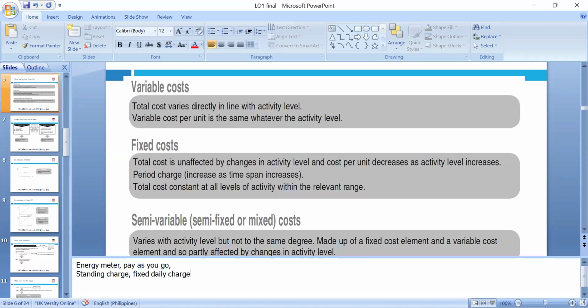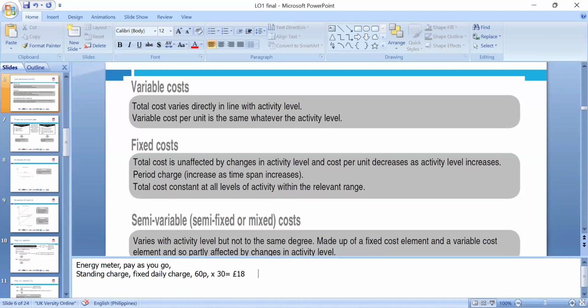Let's say every day 60 pence. Sometimes people go on holiday, and the charge still comes. They say, oh no, I used nothing. But still 60 pence per day times 30 days in a month, so £18 is still billed without using any gas or electricity.